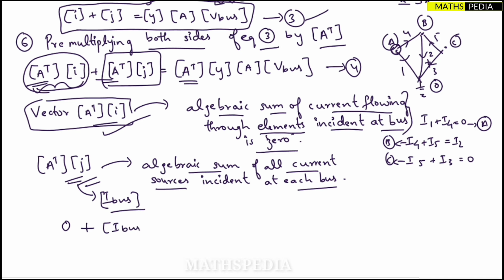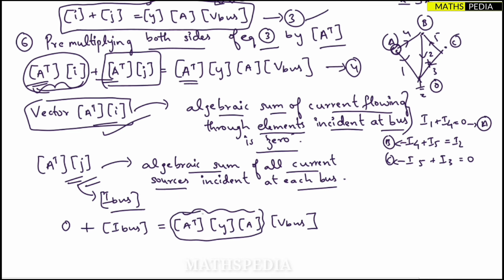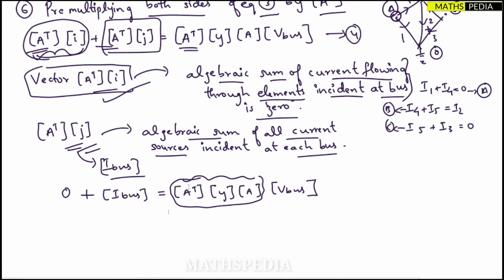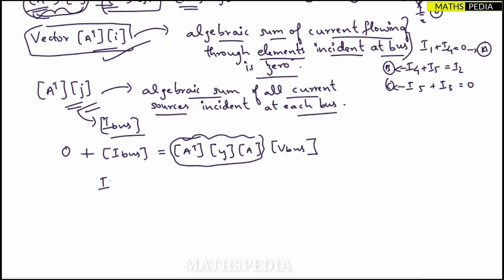I write it as I bus equal to A transpose, which will remain as it is, Y and A and V bus, correct? Here I can say that this whole thing, whatever is written over here, 3 elements, 3 matrices. So basically I can write it as I bus is equal to Y bus into V bus.